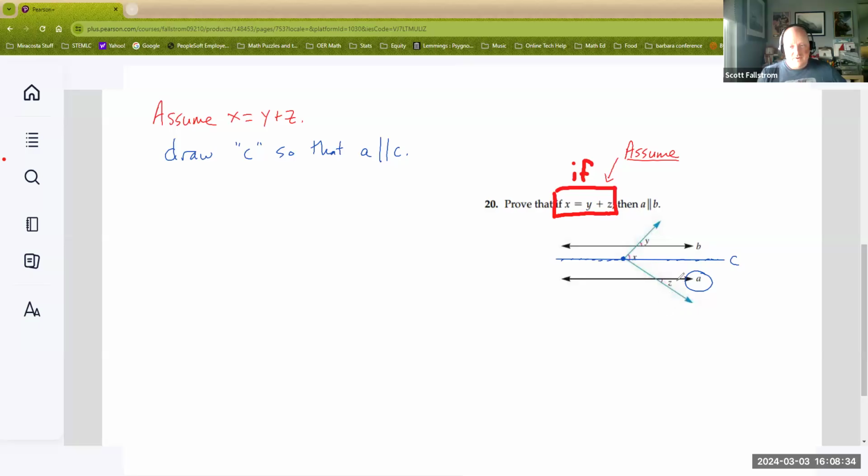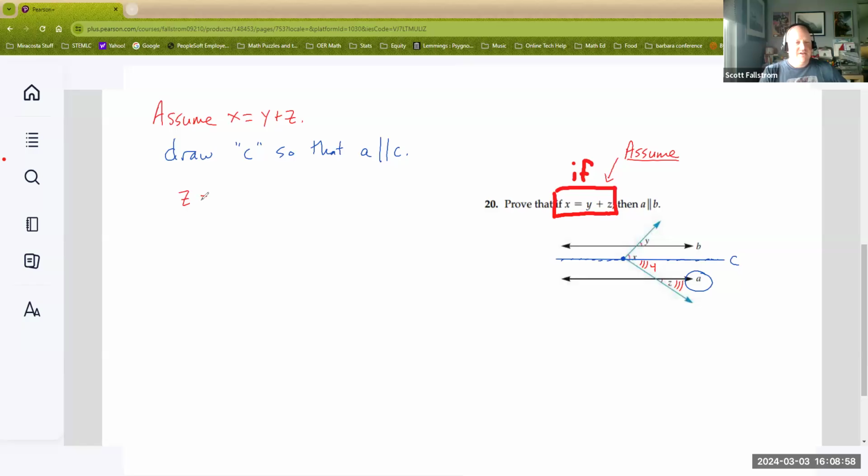So this angle right down here, which is marked as angle Z, has to match perfectly right here because this becomes corresponding angles. So I'm going to label that one as angle 4. So I'm going to say Z, and it looks like Z is the measure of the angle.